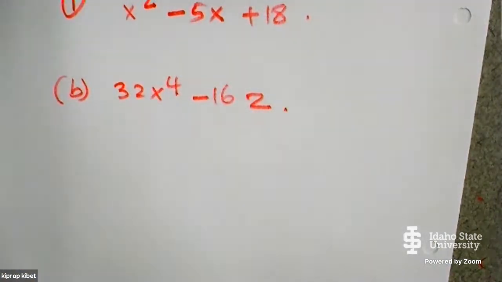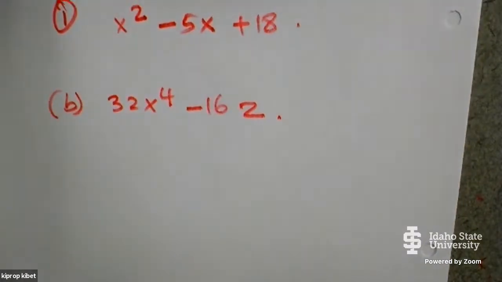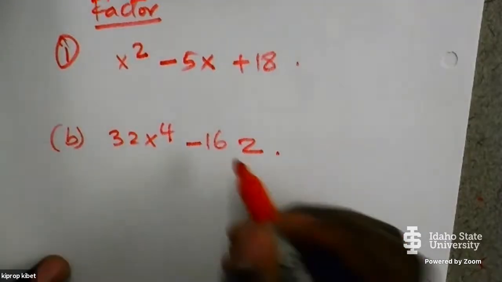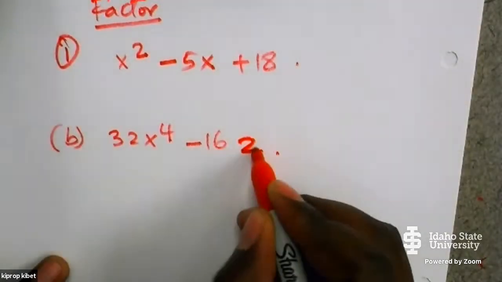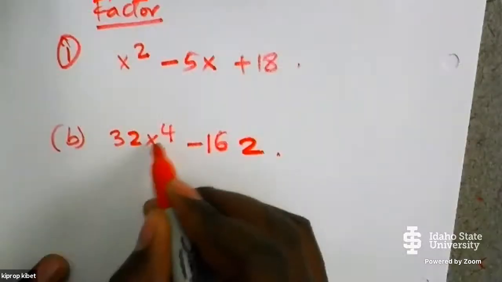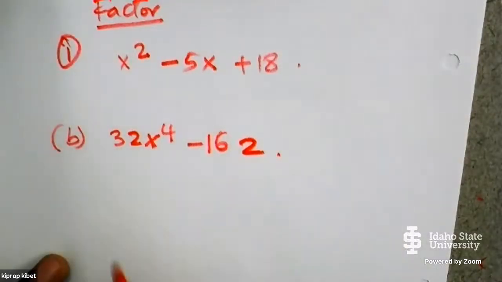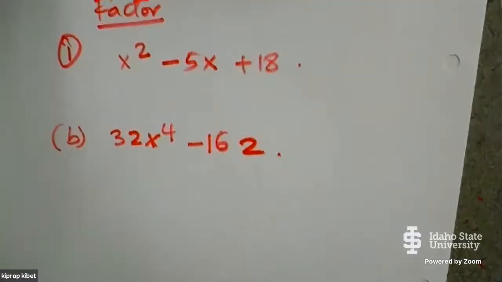So two of them. Factor. Is that a 2? Yep, this is 2. 162. Factor x squared minus 5x plus 18.